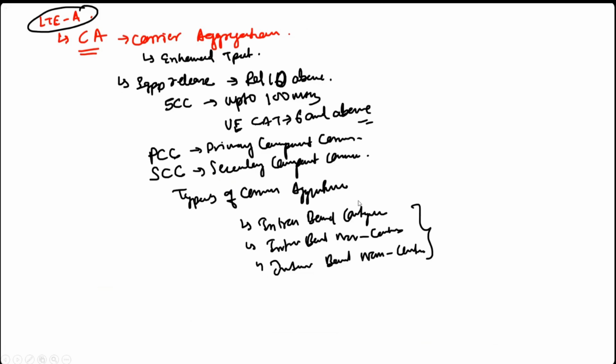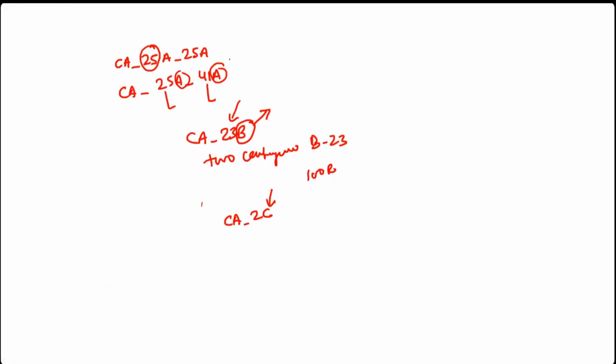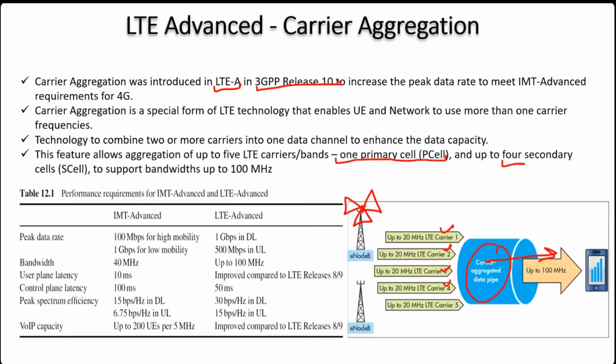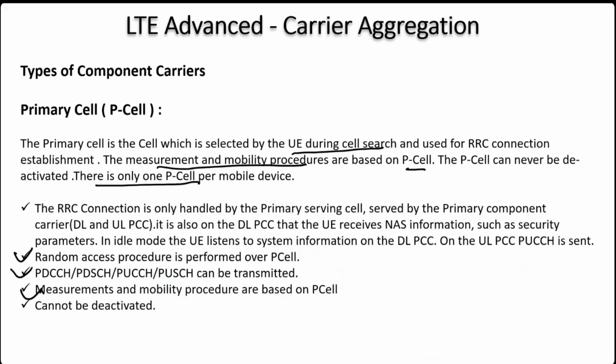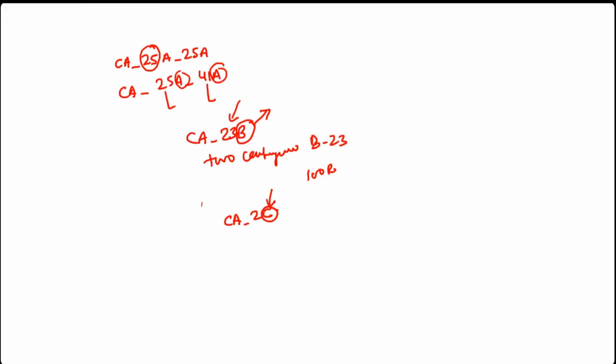About the 2C, if we are telling, we are having C, which is going to aggregate how much? Component carrier will be 2, but the aggregation level is going to increase. We are going to aggregate up to 200 RBs. Correct? Getting my point, no?